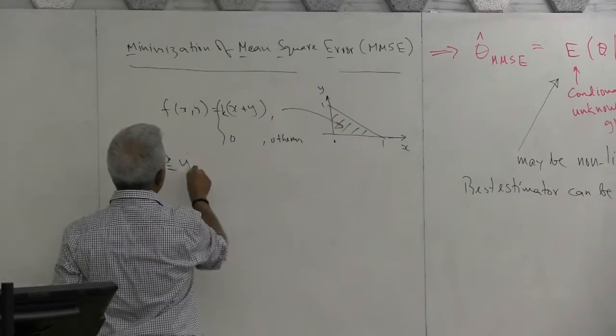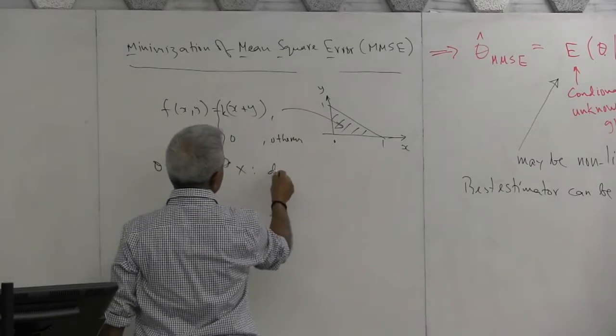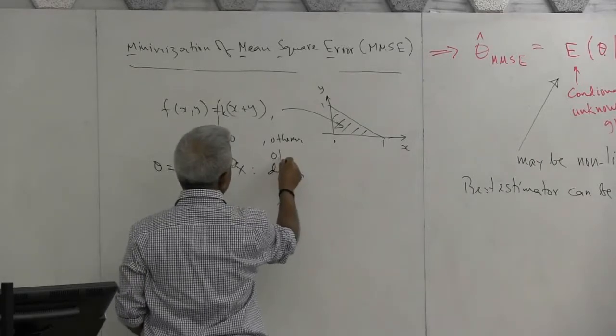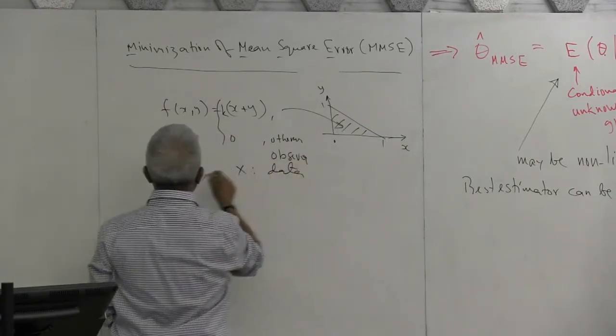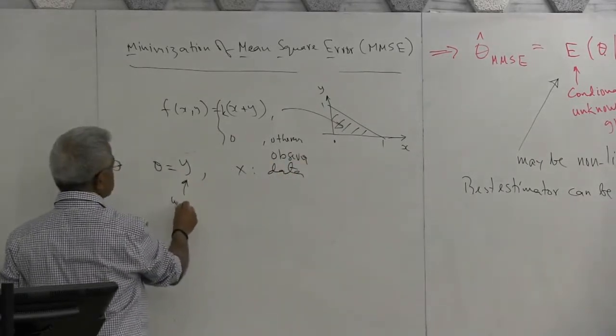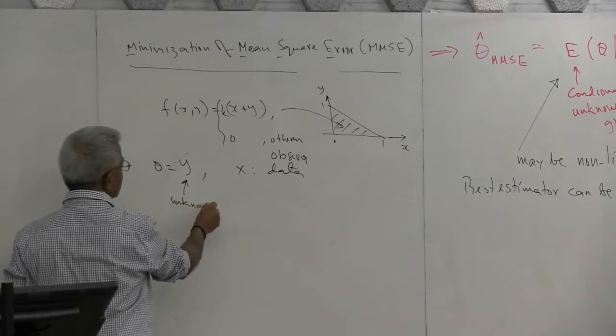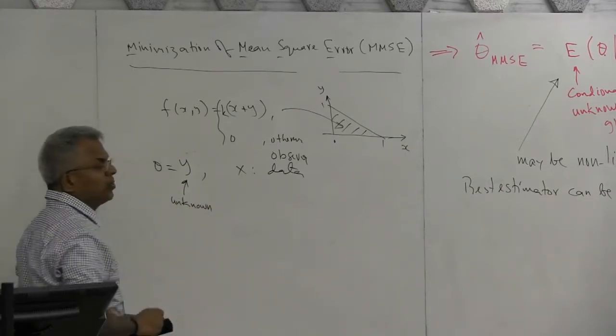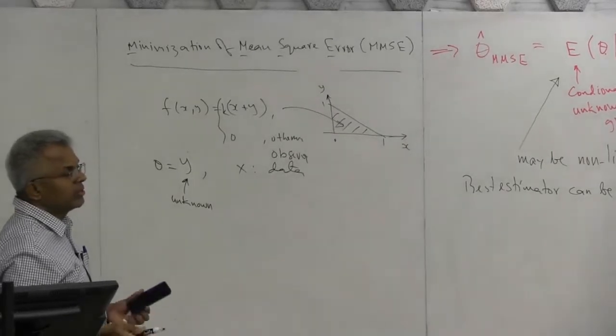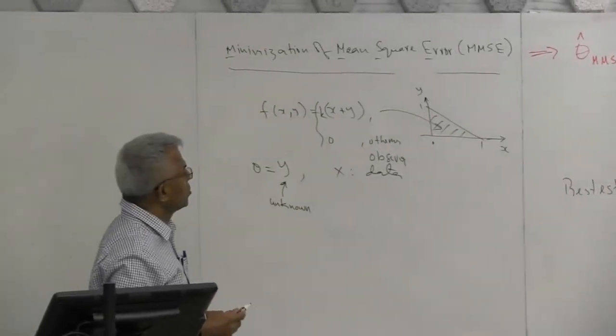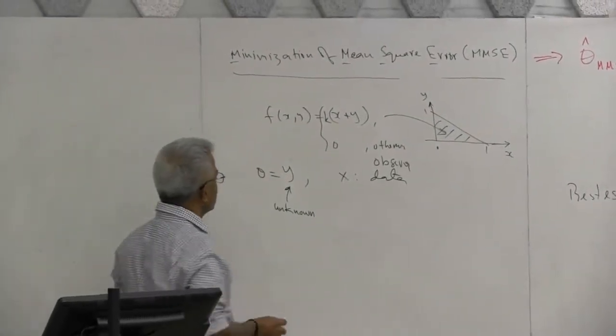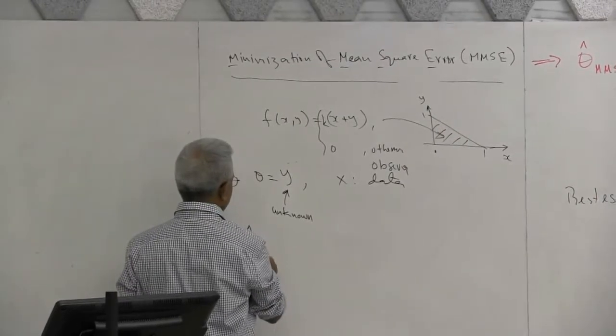So let's say theta is y, x is your data that you observe, and y is unknown. So you want to estimate y in terms of x, right? So of course we want y hat MMSE.